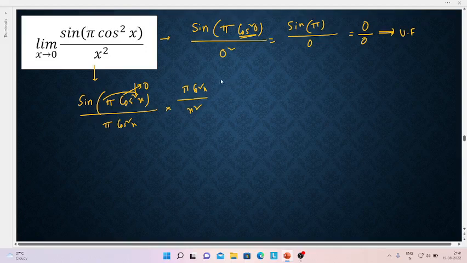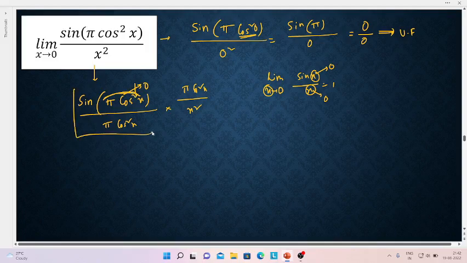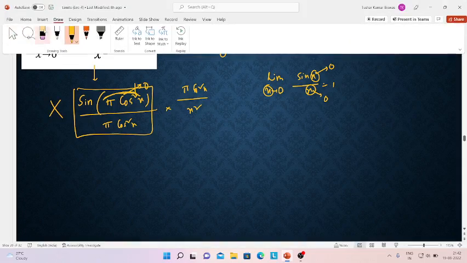In the previous formula, what we observed is limit x tends to 0 of sin x upon x equals 1, when this x and this x should be the same, and this x should be tending towards 0. But here when we put x equals 0 in that particular angle, which is pi cos square x, this doesn't tend to 0. So this is not of the form sin x upon x, so that will not be applicable here, right?